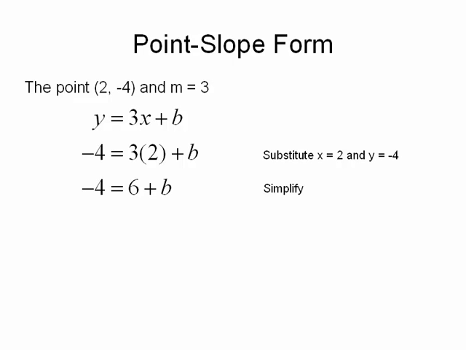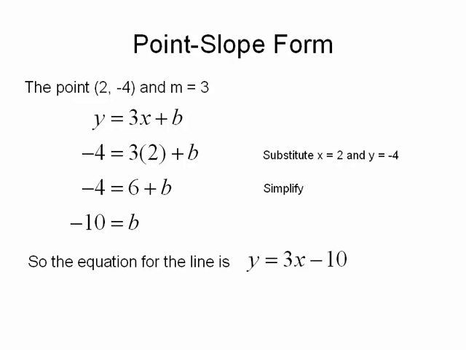And when we multiply out the 3 times 2, we get -4 equals 6 plus b. If we subtract 6 from both sides, that gives us that b is equal to negative 10. So the equation for the line is y equals 3x minus 10. That's the exact same equation that we got when we started from the point-slope form.